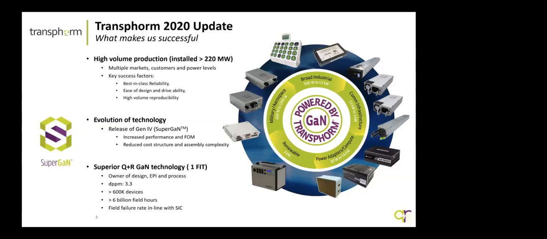And as I stated earlier, one of the cornerstones of our technology is our quality and reliability. So we continue to drive our FIT rate, our DPPM and PPM rates down. We have over 600,000 devices in the market today with greater than 6 billion hours of field reliability data. So we continue to show great quality and reliability to all of our customers in the field.